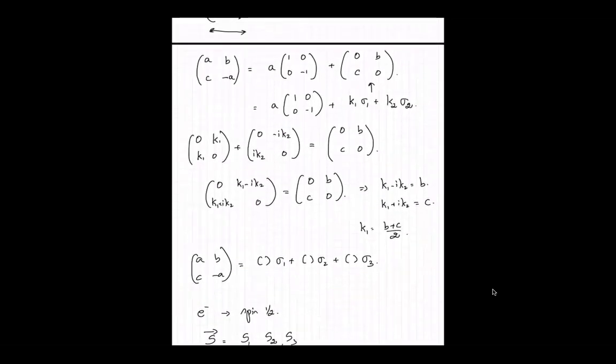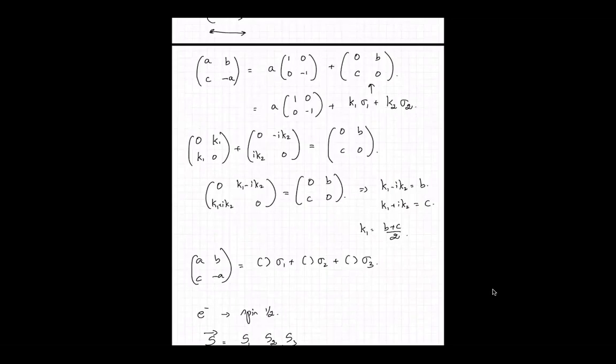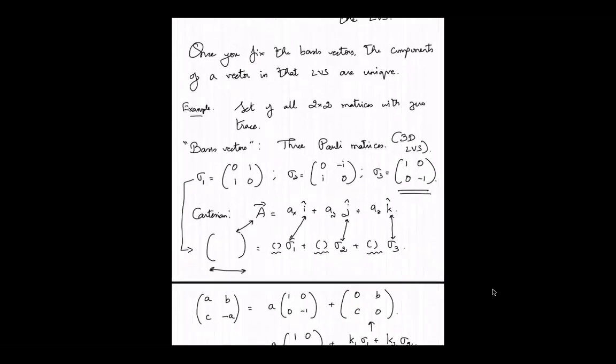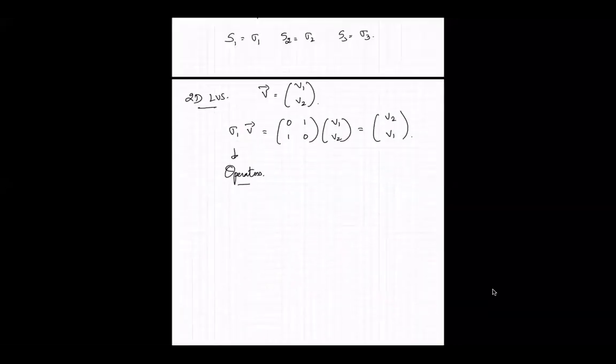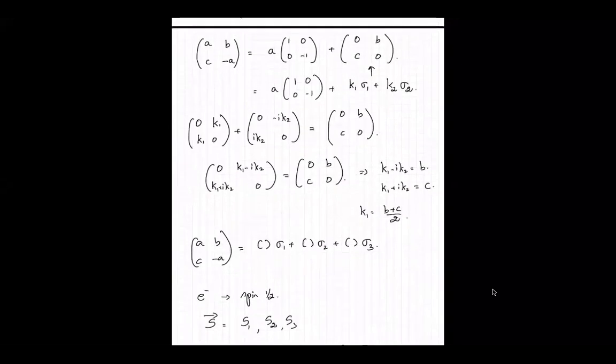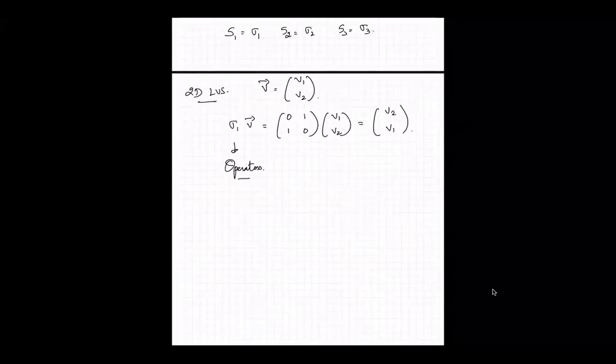Depending on the kind of linear vector space that you're talking about, matrices can also be basis vectors, because if the objects in the linear vector space are matrices, then obviously the basis vectors in this linear vector space are also matrices. If the objects in a linear vector space are vectors of this form, V1, V2, then matrices in this linear vector space act as operators that do something to the vectors. So there are two different ways you can understand these matrices. Okay. So I am introducing the first way. We will come to the second way of introducing them as operators later in this course.